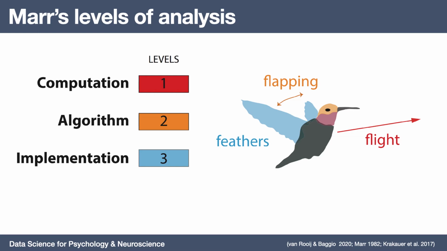So you can understand now how the framing of your theory at different levels will give you a different understanding of the system. If you ignore the process of flight and only focus on the biomechanics of flapping, you're not going to necessarily understand how that flapping or how changes in that flapping give rise to different dynamics of flight.